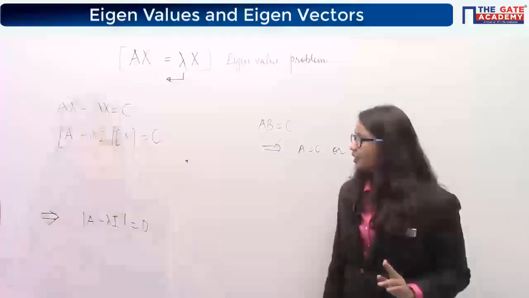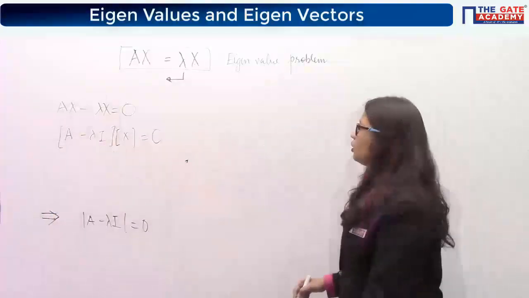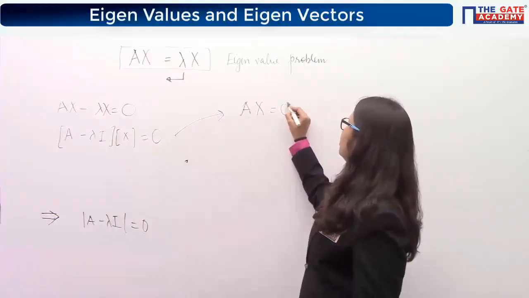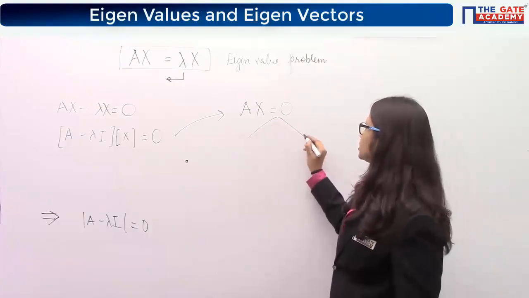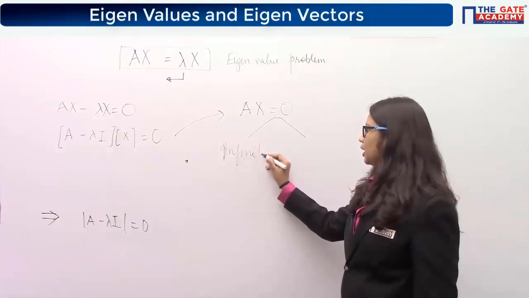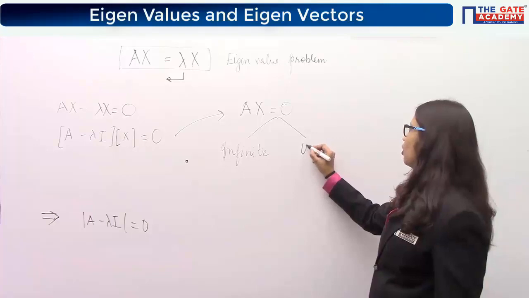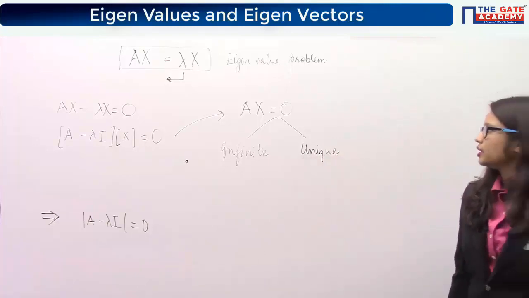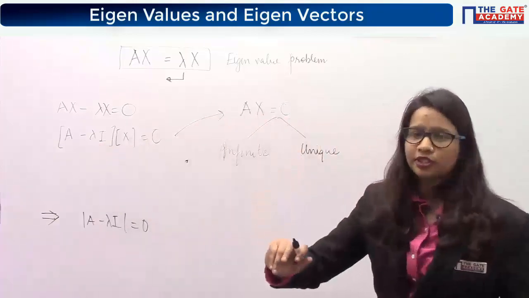Okay, it is a homogeneous equation. If you compare this with our system of equations, this is nothing but a homogeneous system of equations. And we have seen that in a homogeneous system of equations, we have two cases. One is the case of infinite solutions and the other is the case of a unique solution. Yes or no? This is exactly the case of a homogeneous system.